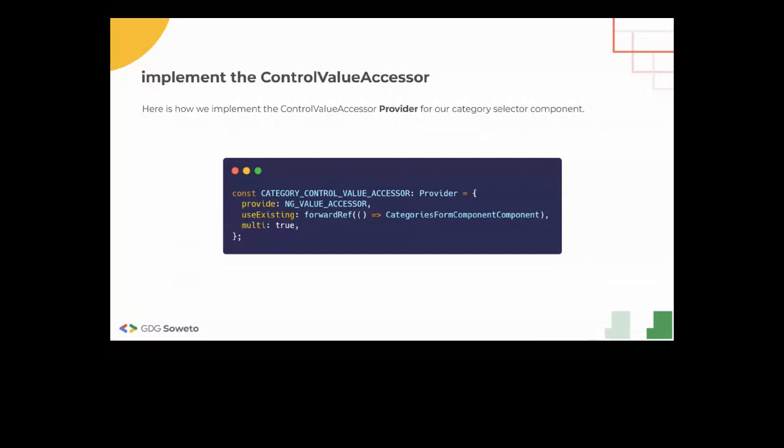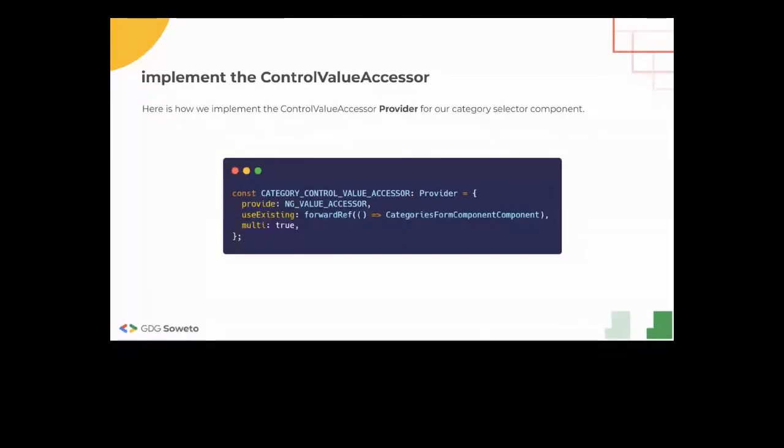So we can implement the ControlValueAccessor provider for our category selector component. Let's suppose I have a category selector component whose form behavior I am overriding. In that exposed child component of the category selector, I have to create this ControlValueAccessor provider.